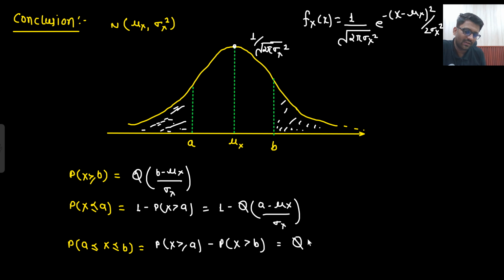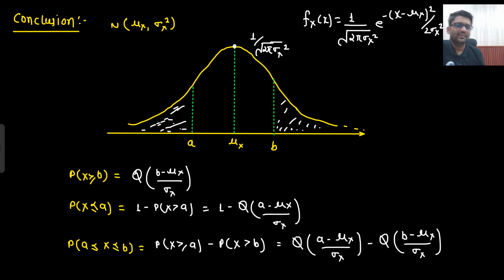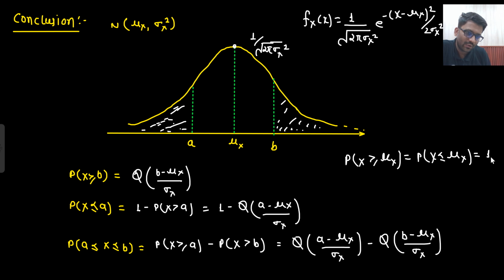So your answer would be Q of (a minus mu x) upon sigma x minus Q of (b minus mu x) upon sigma x. And all these combined from minus infinity to infinity, everything would be equal to 1. And if I ask you x taking value greater than mu x, or x taking value less than mu x, both will be equal and equal to half.